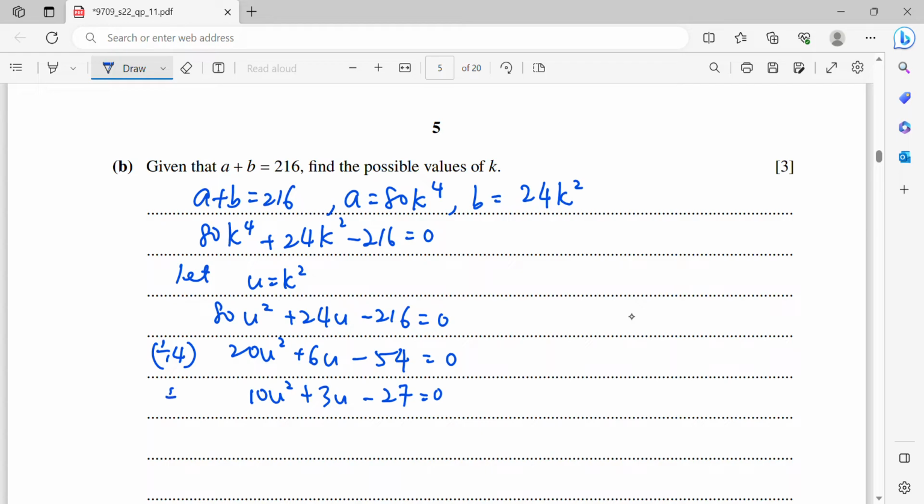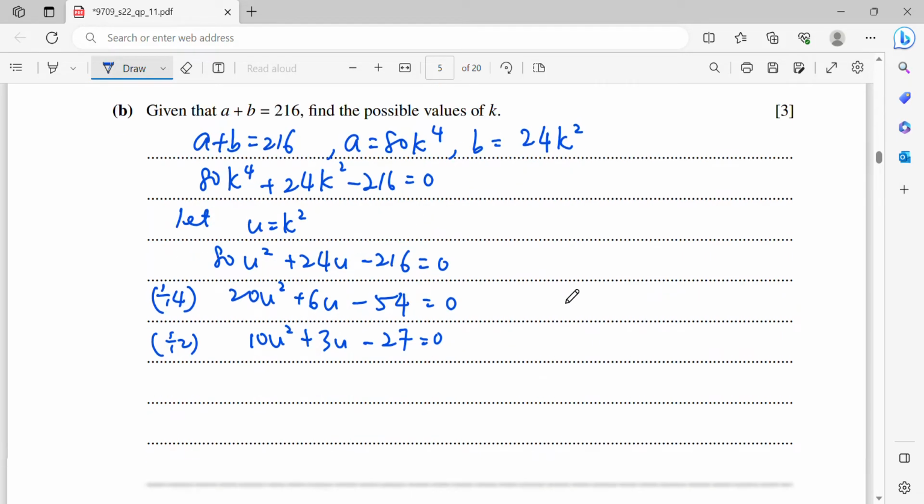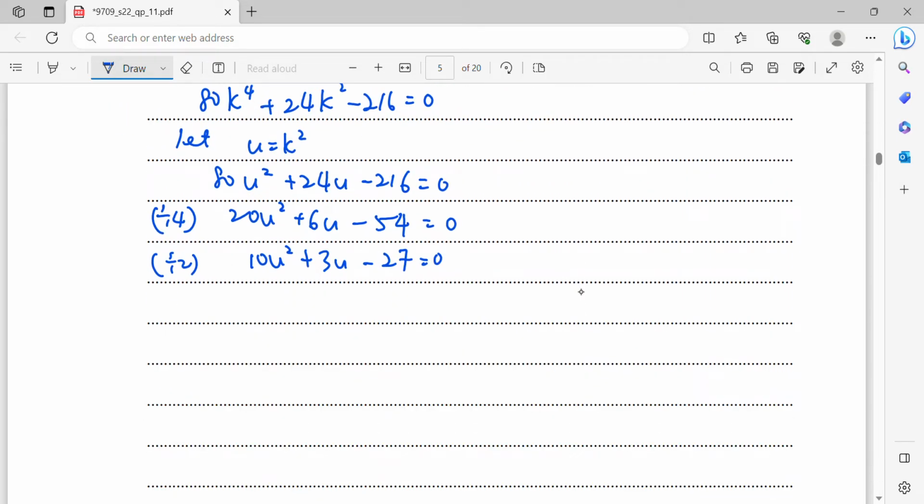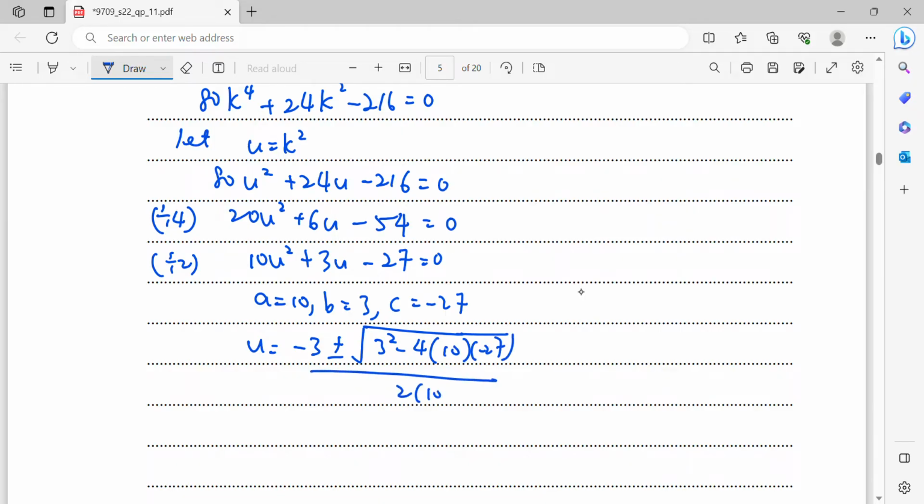Alright, so now I can use the quadratic formula to solve this question. So u equals, I will write down my a first. My a is 10, b is 3, c is negative 27. So my u becomes minus b plus minus the square root of b squared minus 4ac over 2a.